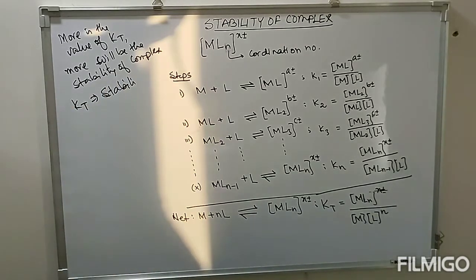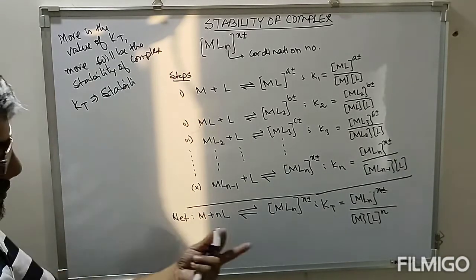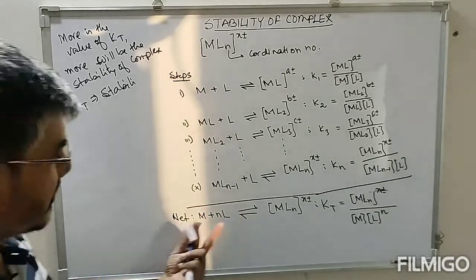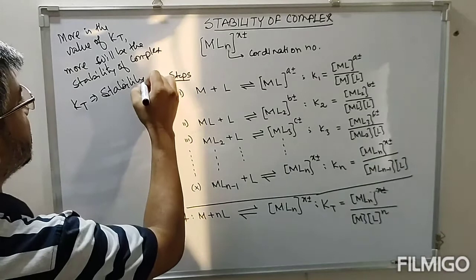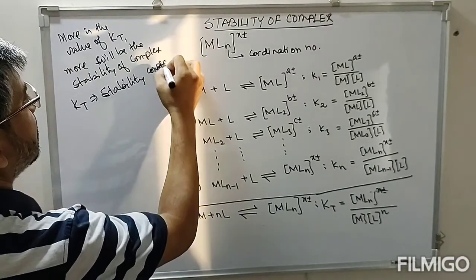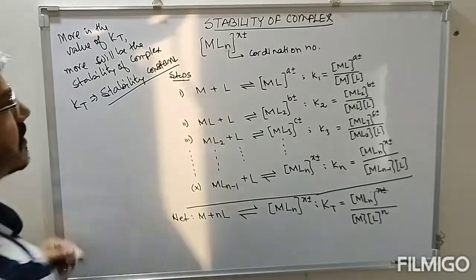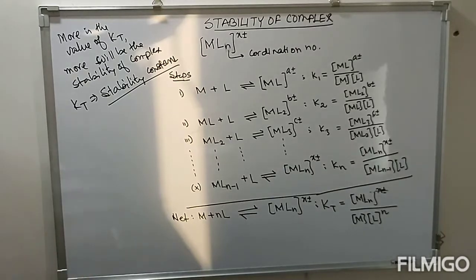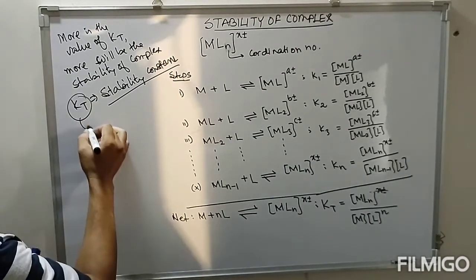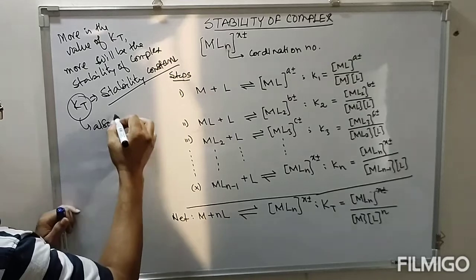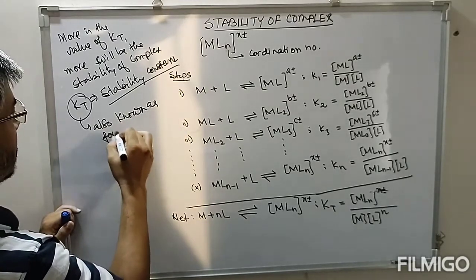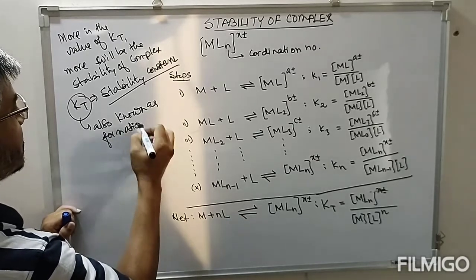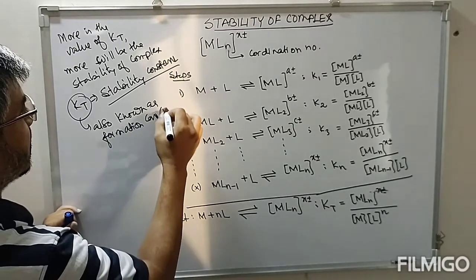Though this is an equilibrium constant, this Kt, which is the equilibrium constant for the overall formation of the complex between metal and ligand, is also known as stability constant, or sometimes also known as formation constant Kf.